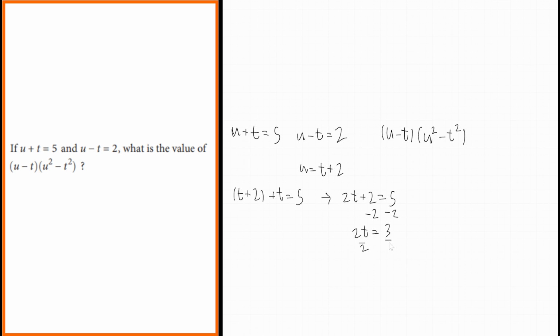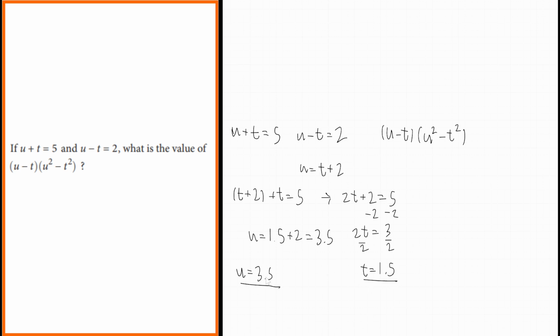Divide by 2 on both sides, and you get t equals 1.5. We can take this t equals 1.5 value, plug it back in, and we get u equals 1.5 plus 2, or in other words, 3.5. So now we have solved the system of equations and have figured out that u equals 3.5 and t equals 1.5.